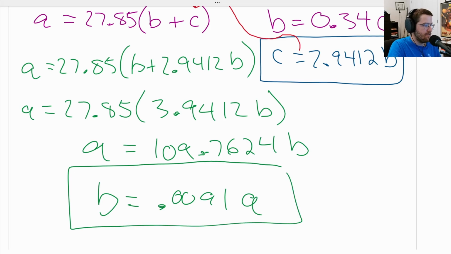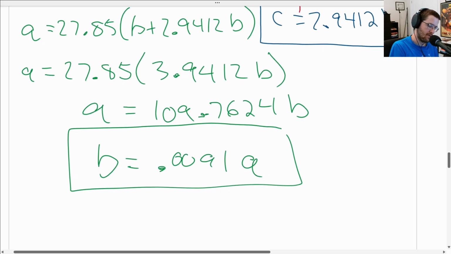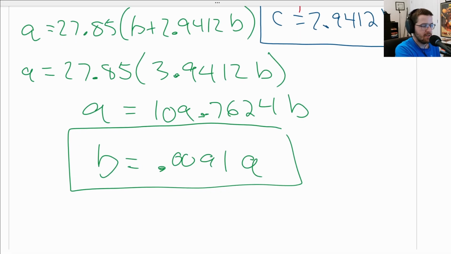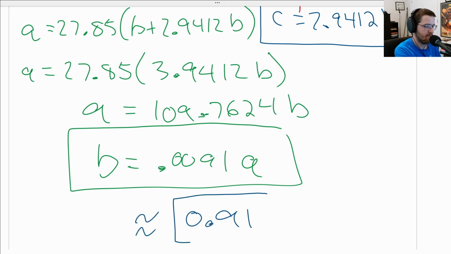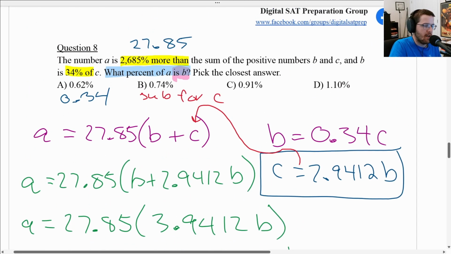And I believe the question says percent of. So to change the multiplier to a percent, we just multiply by 100. So that is giving me about 0.91%. And that is looking a lot like choice C, which is the answer.